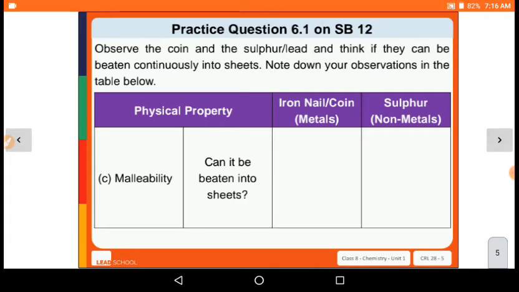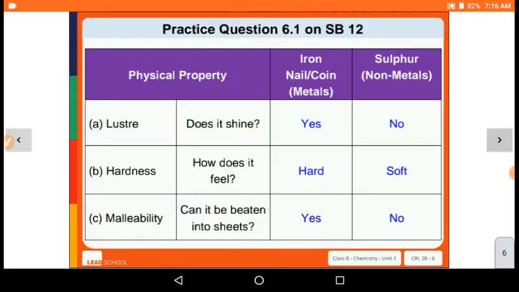Now the third is malleability. Can it be beaten into sheets? If you hit it with a hammer, it can become a thin sheet, right? So the coin metal is converted into a sheet by beating with a hammer. Sulfur can easily be crushed by hand, and it cannot be turned into sheets.